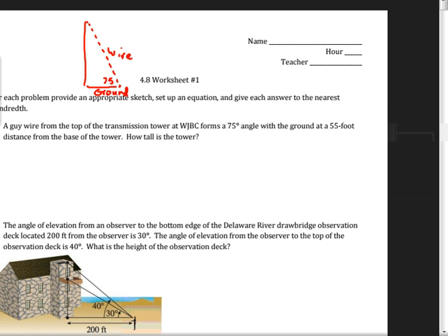You can't come up during the test and say, where is the 55? You have to be able to interpret it from the directions. And it says from the base of the tower. So then they just told me that the ground distance was 55. I hope you can tell the difference.